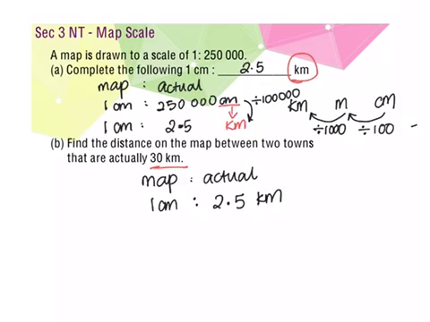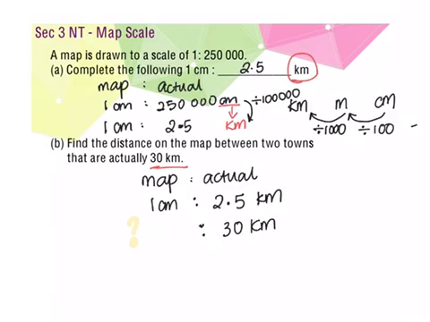They want to know the distance on the map when the actual distance is given to be 30 kilometers.